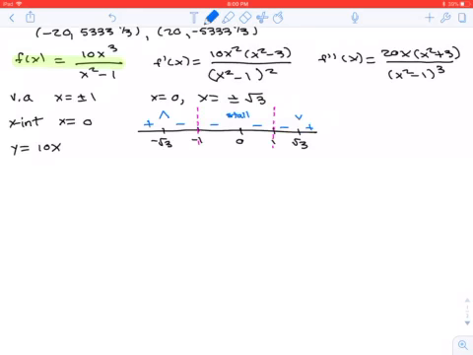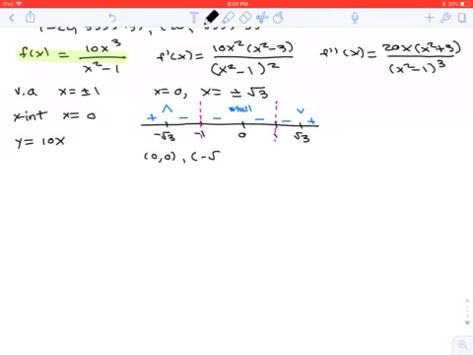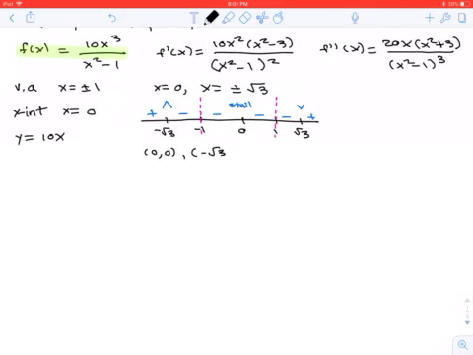The only thing that I haven't done, which we should also do, is get points for x equals 0, negative root 3, and positive root 3. In order to find those points, we plug those values into our position function. What I ended up getting was the point 0, 0, and negative root 3, negative 15 root 3, which is about negative 26.